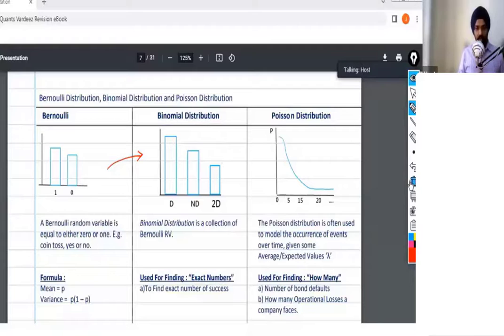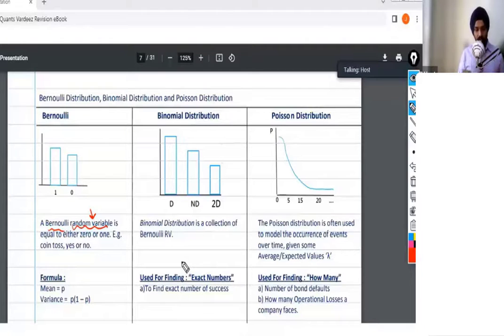So what is a Bernoulli random variable? A random variable will be classified as a Bernoulli random variable if the random variable can only take two possible values. Okay, when you toss a coin, there are only two possible values, either heads or tails.